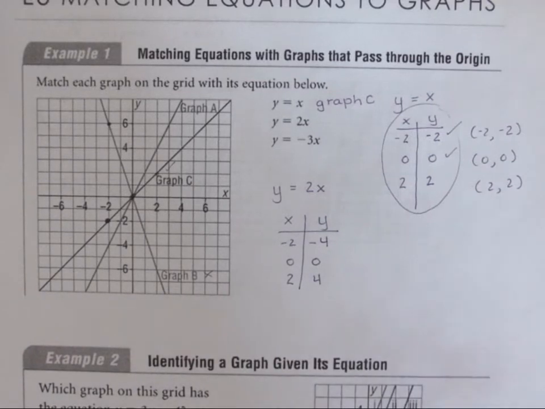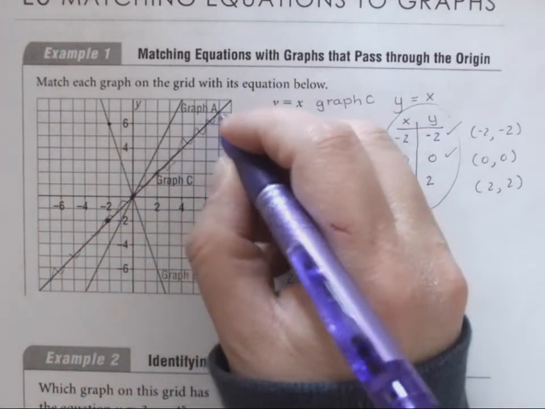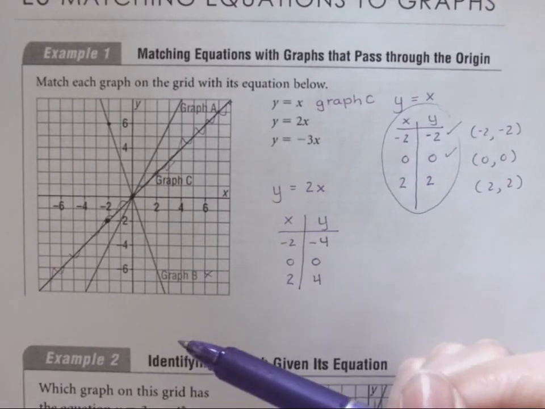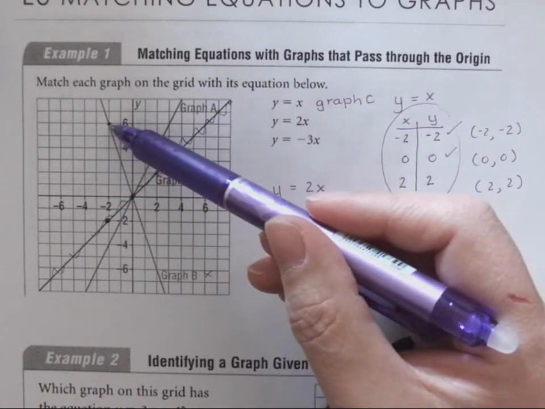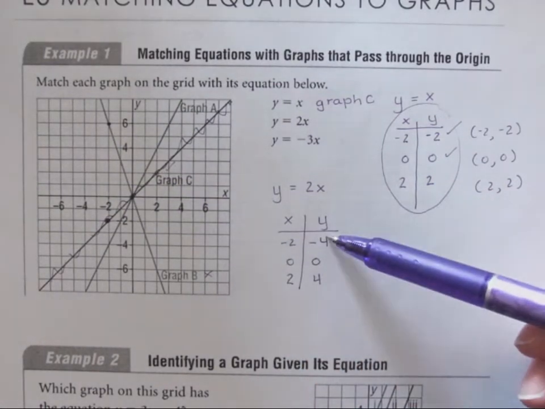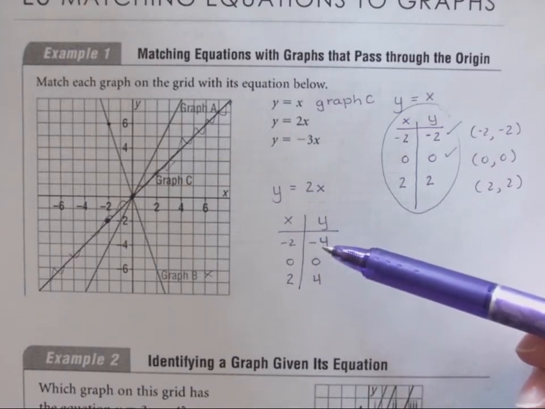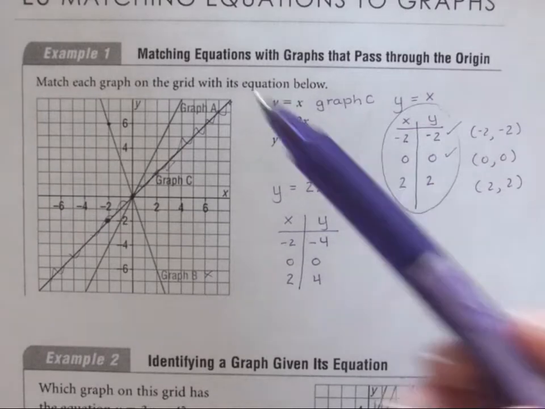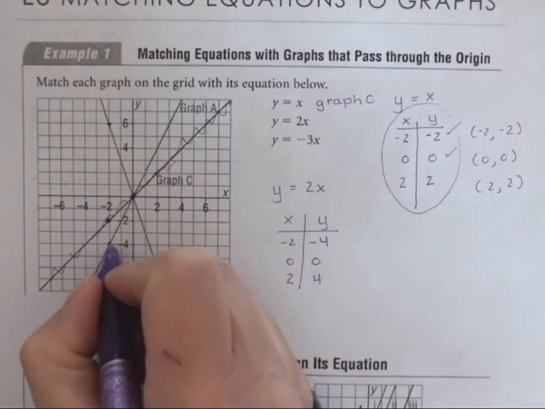Okay, so let's look at these again. So we know graph C is done. So this one we've already identified. So I'm just going to draw a squiggly line through it because I know that that one's been used. So now I'm only looking at graph A and graph B. Okay, so in graph B, we had the point -2 and 6. Well, that doesn't match our table because -2 has to be at -4. So let's look at graph A. So at -2, it's at -4.